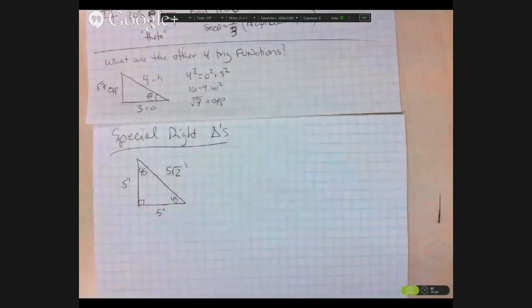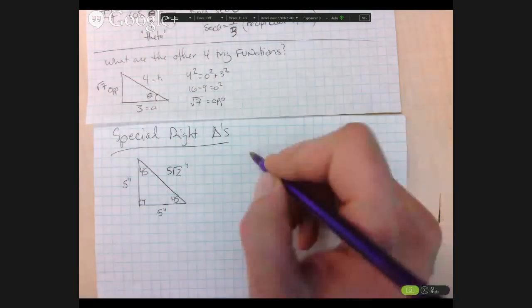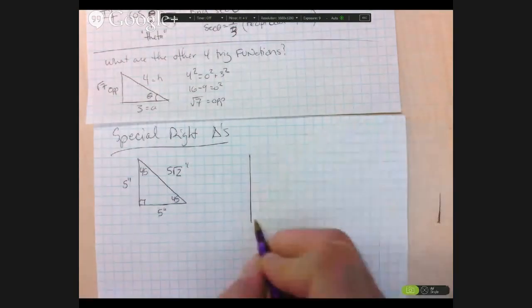I use that a lot in woodshop, actually. Yeah, it's 5 times 1.414. And if I'm going from the other direction, it's 5 divided by 1.414. Okay. They make your life easier.